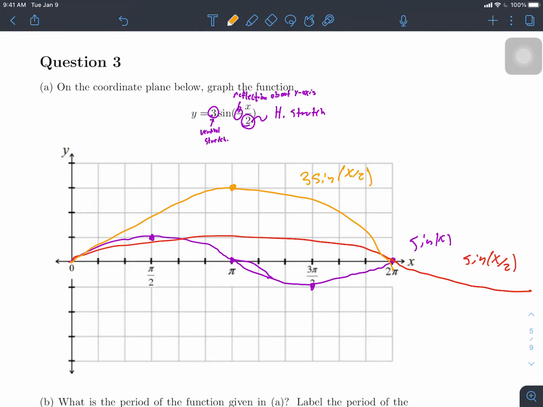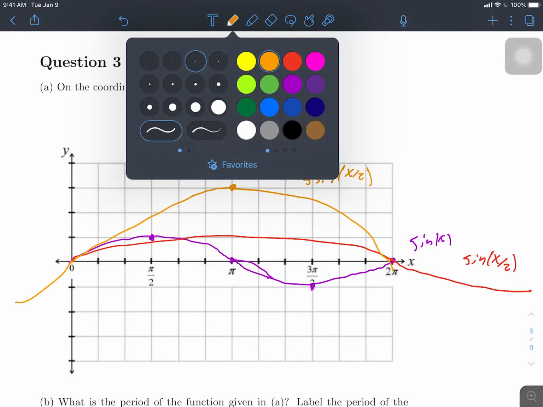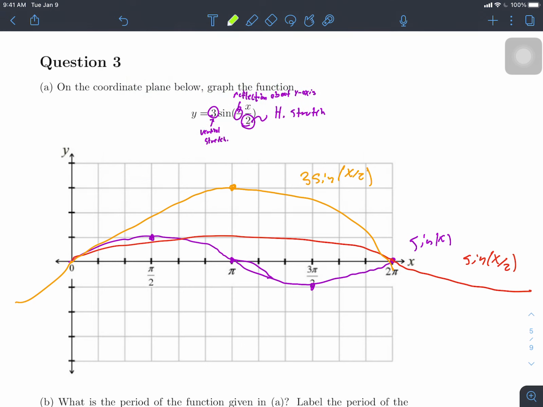And then to do the last thing, what we should do is reflect. Everything that's on the right side is going to get moved over to the left, and everything on the left is going to get moved over to the right. So our final thing here, running out of colors, is going to look like this. It's going to go down to negative 3 at pi, and then up to 2 pi, and so on and so forth.